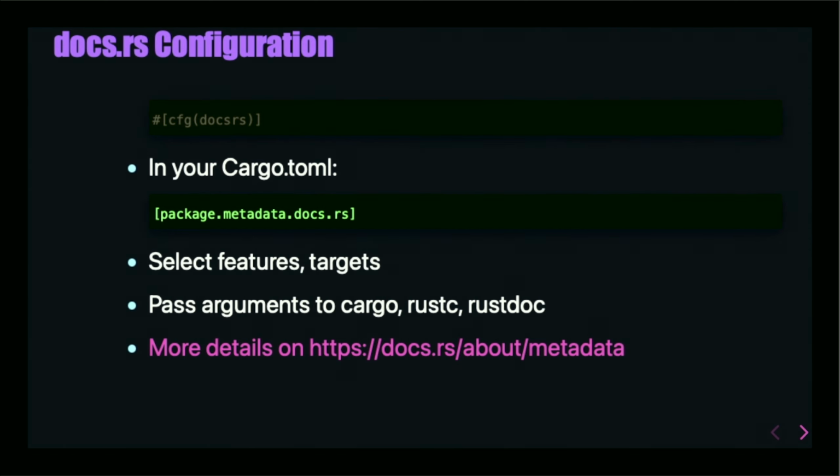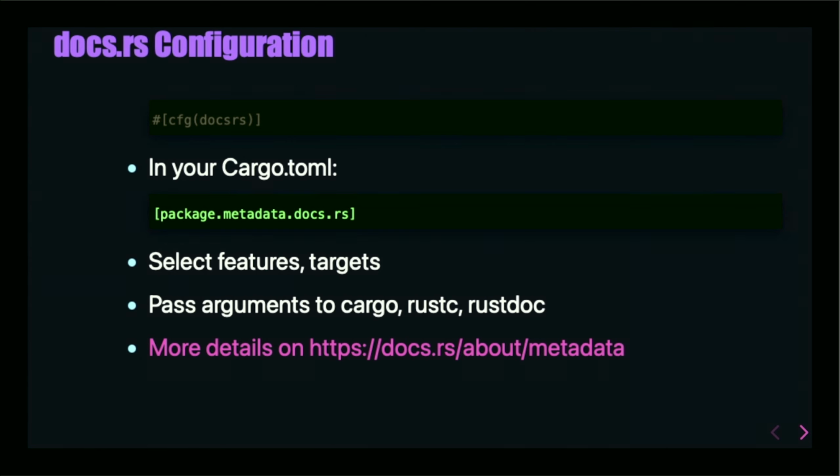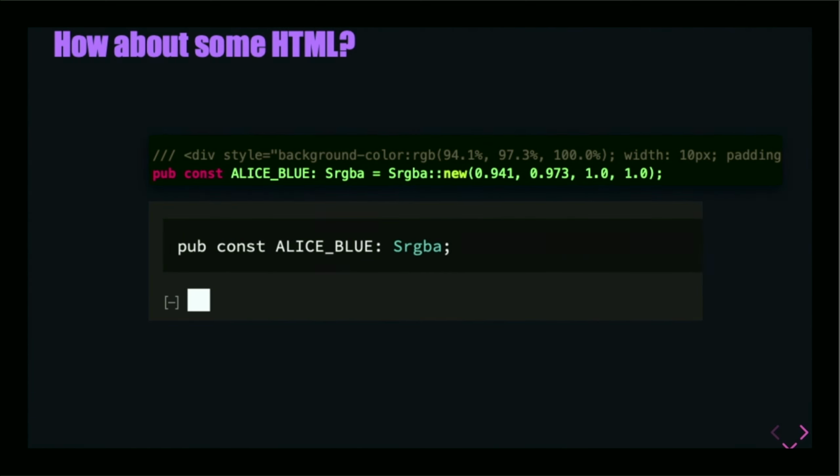You can specify this key, and then you will be able to specify which features or no default features the documentation build will use, and also the targets. If you're building a crate for some very specific target and don't want to build on Linux, this is the place to specify it. You can also pass arguments to cargo, to Rustc, and to Rustdoc, and we will see one very soon. But first, how about some HTML in your documentation?